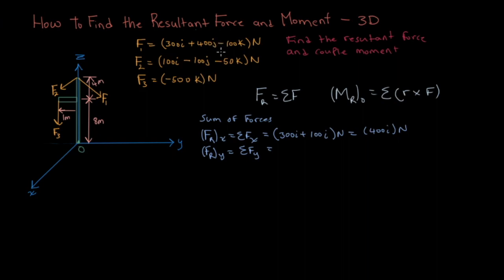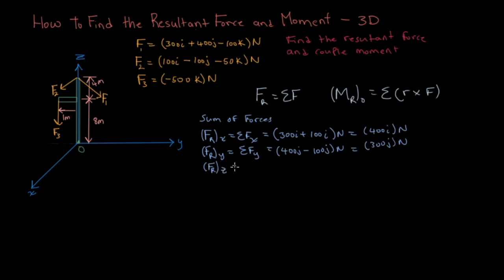So we have 400j minus 100j, and F3 does not have a j, so it's just going to be 400j minus 100j, which will give us 300j newtons. We know that it's going to be in the positive y direction, since the answer is positive here. And then next we're going to get the resultant force in the z direction.